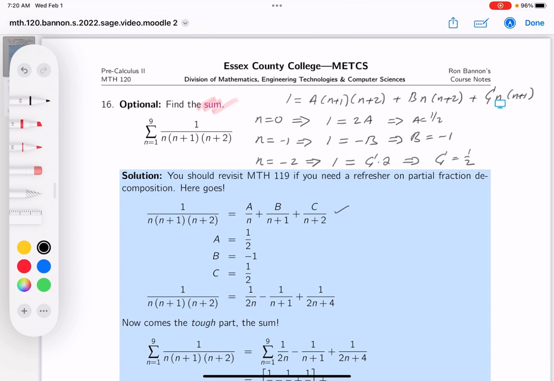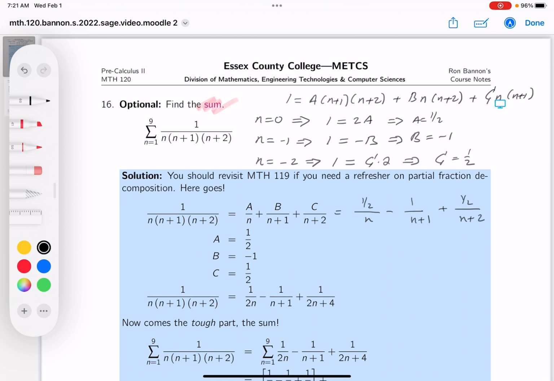All right? Now, if you plug that in, which I'm going to do right now, we'll go through the simplification and show you how we get the answer over there. So A is 1/2, so you get 1/2 over n, minus 1 over n plus 1, plus C, which turned out to be 1/2, over n plus 2.